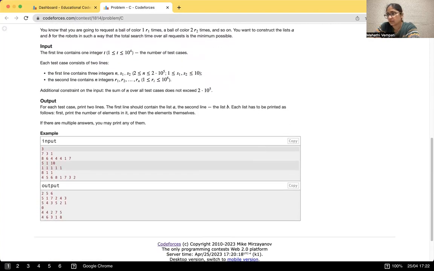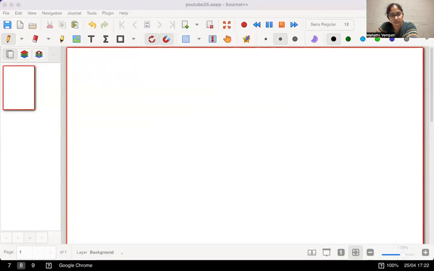I see. Let's look at an example. Three integers n, s1, s2, say 7, 3, 1.